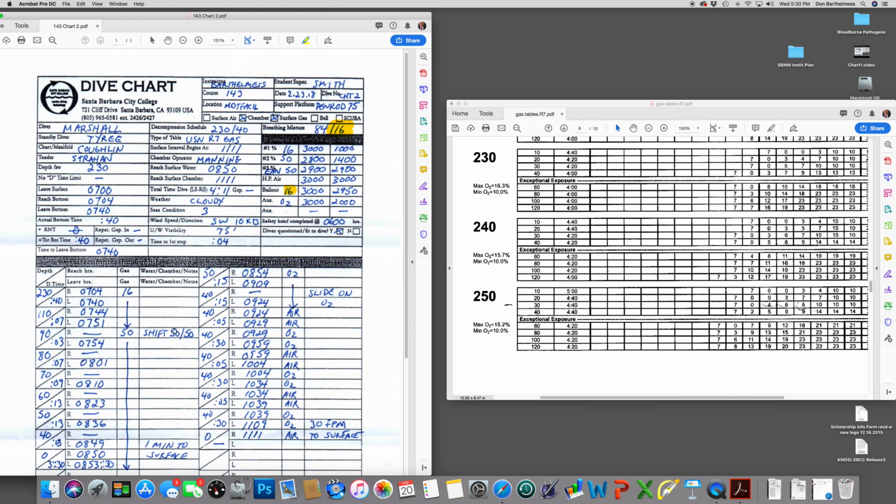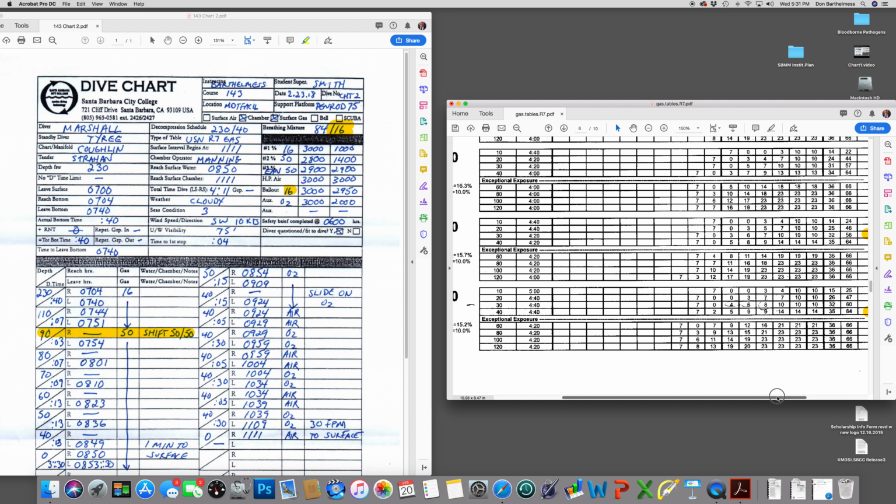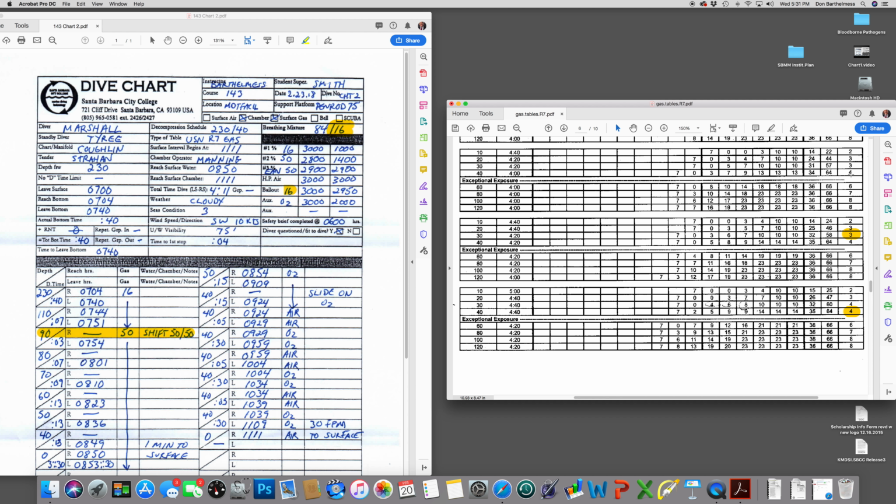Again, the most important thing about the 90-foot stop is we're going to shift mixtures to 50-50 heliox from the bottom mix. Once we're at the surface, we'll undress the diver, get the diver in the chamber. This particular profile, 230 for 40, requires a total of 4 chamber oxygen breathing periods.